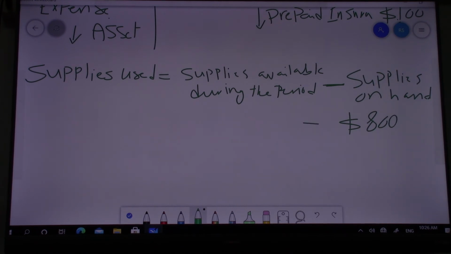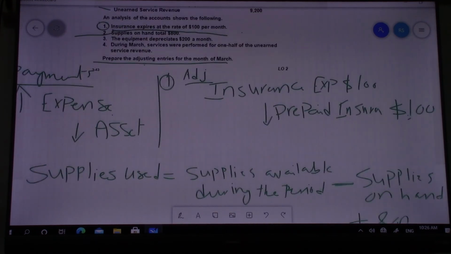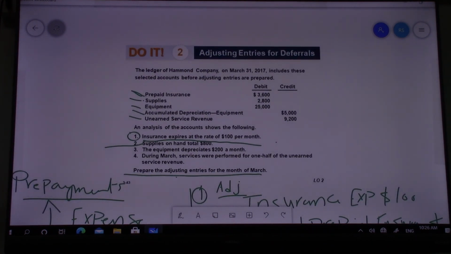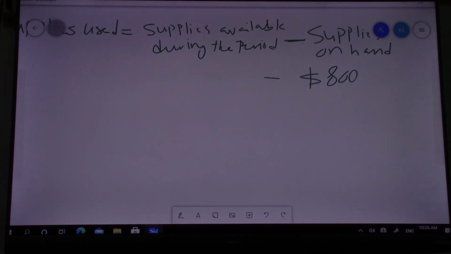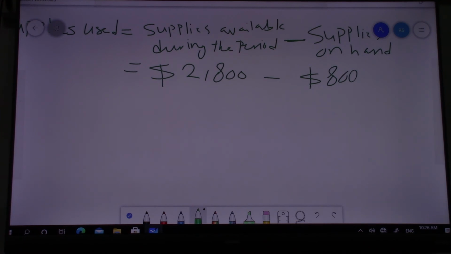What about supplies available during the period? As you see here, it's $2,800. This means that we already used on March 31st $2,000. These $2,000 should be recognized as an expense because it's already used.